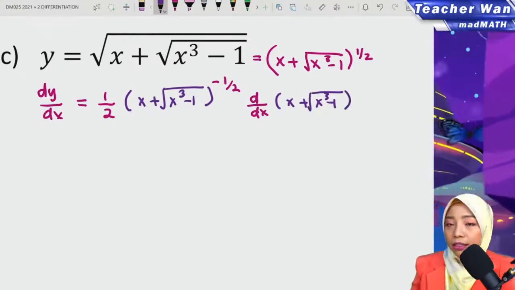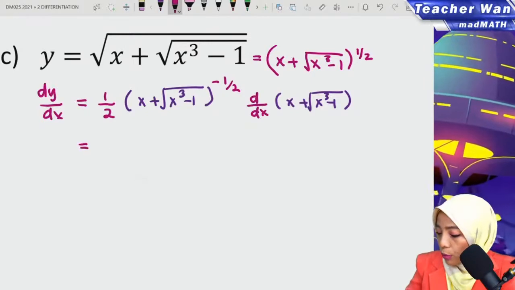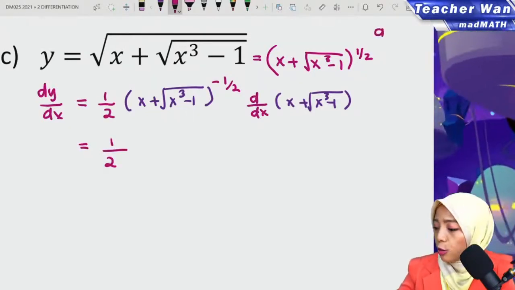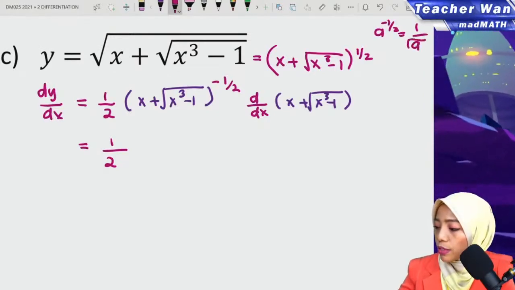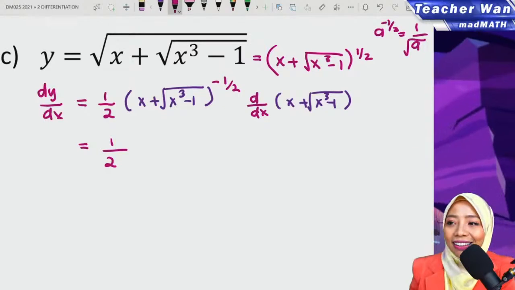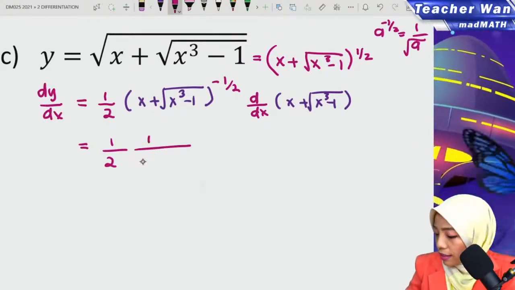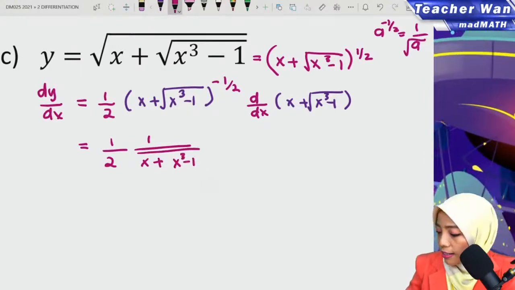So we continue with 1 over 2. A to the power of negative 1 over 2 we write as 1 over root A: 1 over root of x plus root of x cubed minus 1.